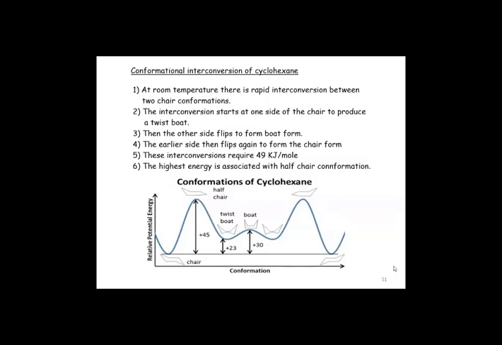Then the other side flips up to form the boat form. Then the earlier side flips again to form the chair form. So the interconversions proceed like chair, half chair, twist boat, boat, twist boat, half chair, and flipped chair conformation.